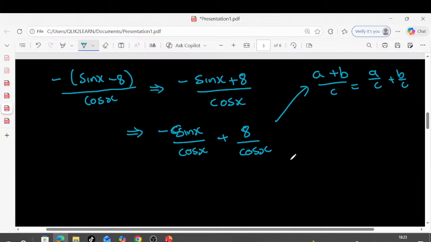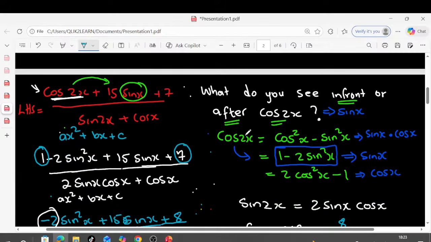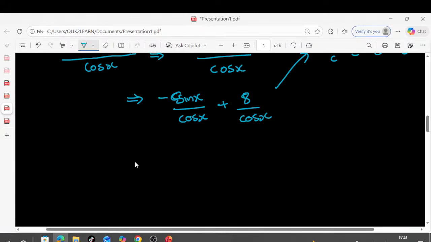Now we know that according to the identity, there's a reason why I gave you guys this identity, so that you can remember that sine x over cos x, we can substitute it as the tan. So this will change into negative the tan of x plus 8 over the cos x.